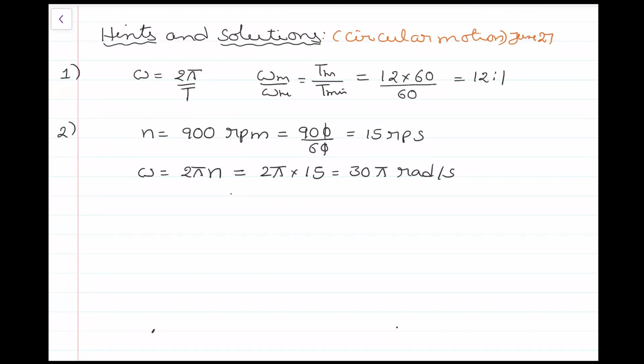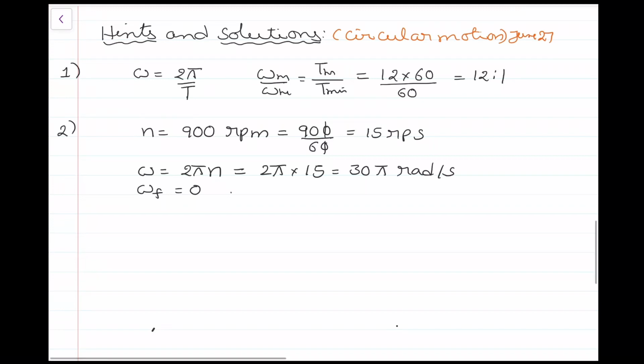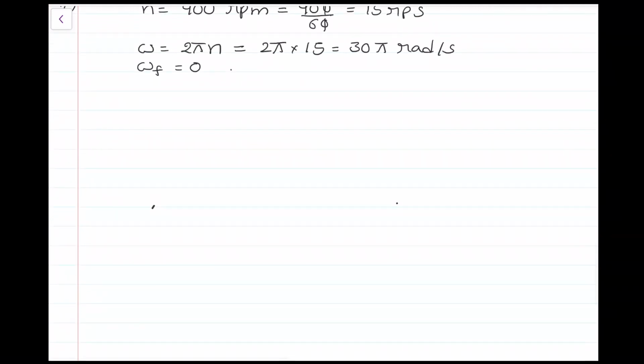When the power is cut off, it comes to rest in 1 minute. So, final angular velocity is equal to 0. Time taken to come to rest is equal to 1 minute, nothing but 60 seconds. Then we have to find out the angular retardation.